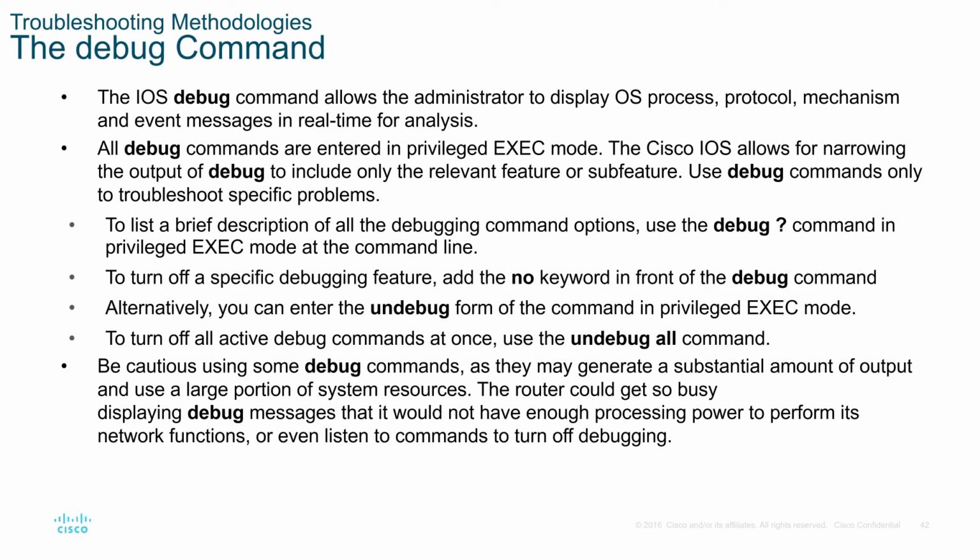Be cautious using some debug commands as they may generate a substantial amount of output and use a large portion of system resources. The router could easily get so busy displaying debug messages that it would not have enough processing power to perform its network functions or even listen to commands to turn off debugging.